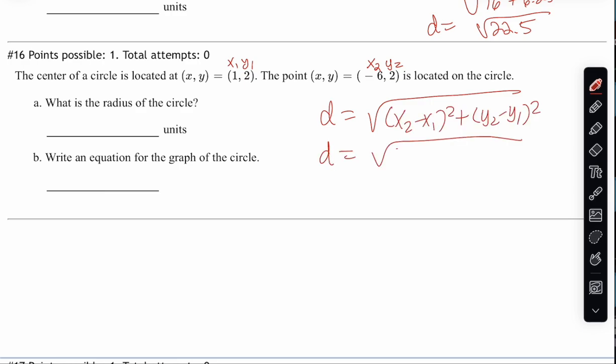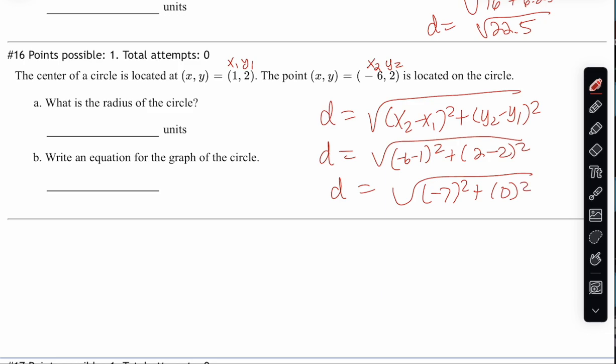If we plug in our points, we get -6 minus 1 squared plus 2 minus 2 squared, which is -7 squared plus 0 squared, which is the square root of 49, or 7.